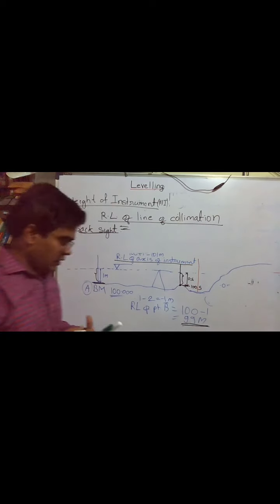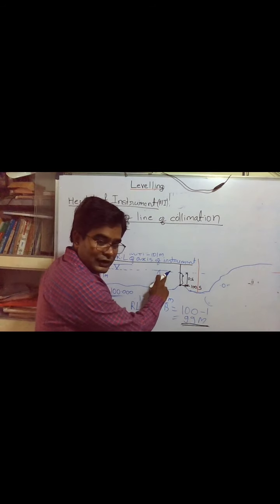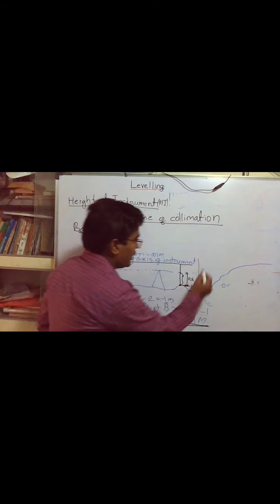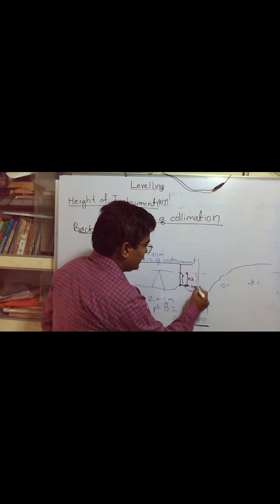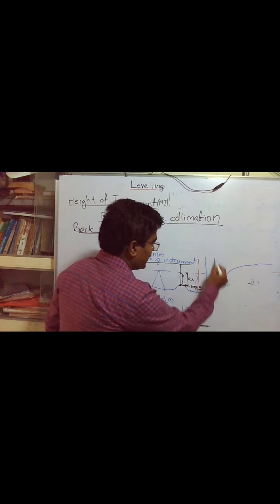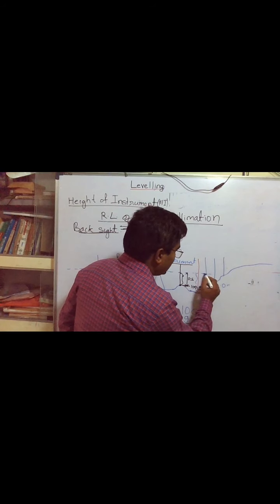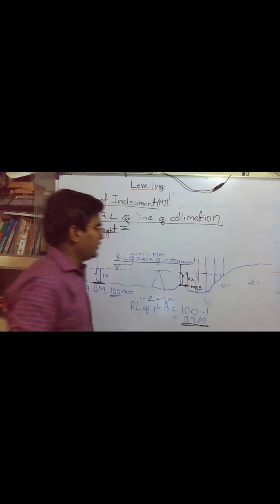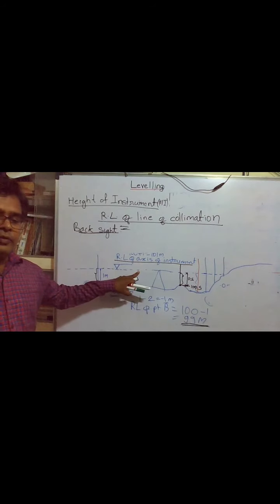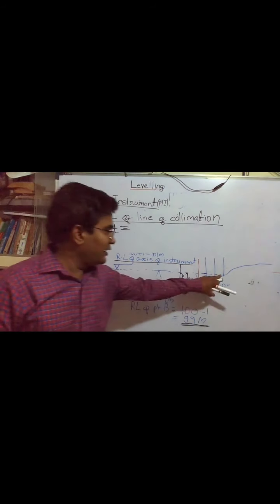Once I have set the instrument, I can take readings here, and here, since my horizontal axis, the line of collimation, can see those staff readings.